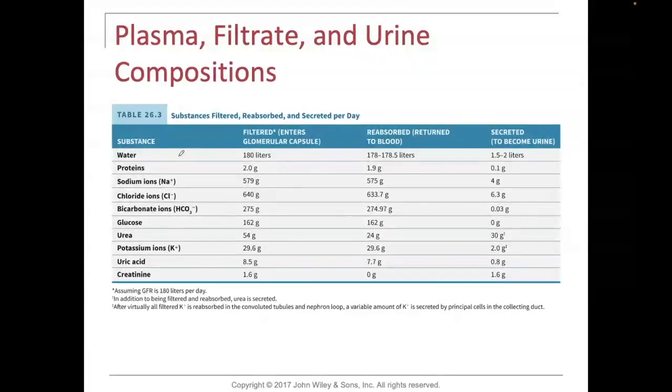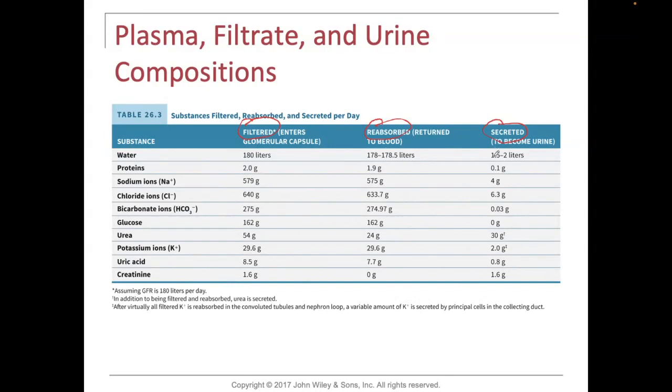Now just take a look at how much is filtered, how much is reabsorbed, and how much the body can eventually excrete to become urine. So if you look at water, 180 liters is filtered, 178 is reabsorbed.